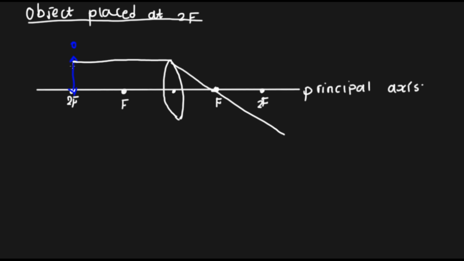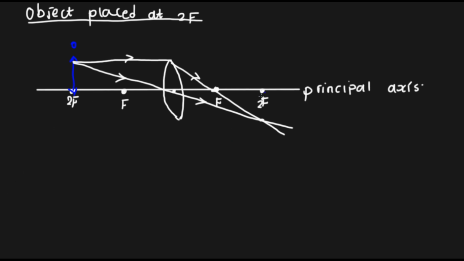Then after that, you need to draw another straight line passing through the optical center. So the point where the two lines are meeting is where the image must be located.